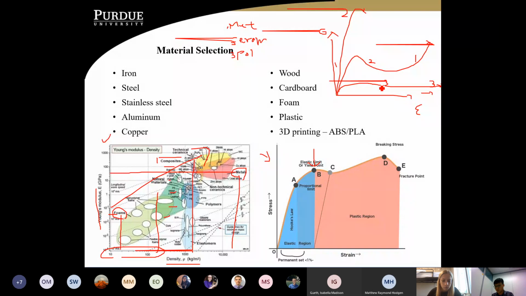Try to think of this and then drop it. It will break. It will break. So there is no elongation for ceramic material. Metals do elongate, but not as much as a typical polymer material. So remember that, because it is also connected to your material design. That's something you should be aware of.